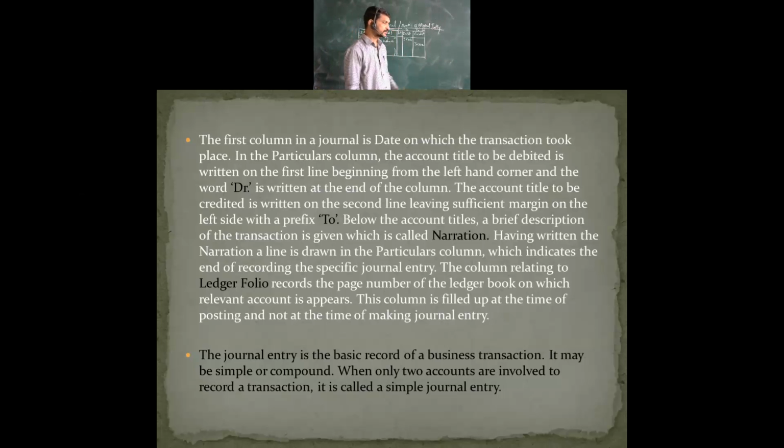Then next, see further. Narration indicates the end of the transaction. Then the column relating to the ledger folio records the page number of the ledger. Now, what is this? Ledger folio means when you are maintaining the books of account, it has a certain number. Which number?